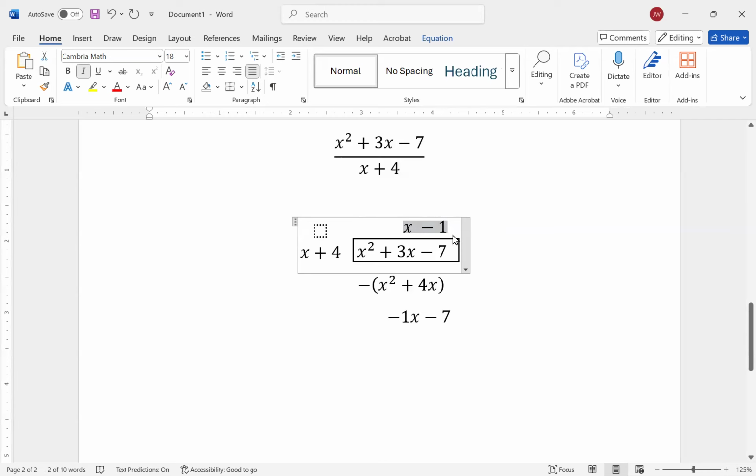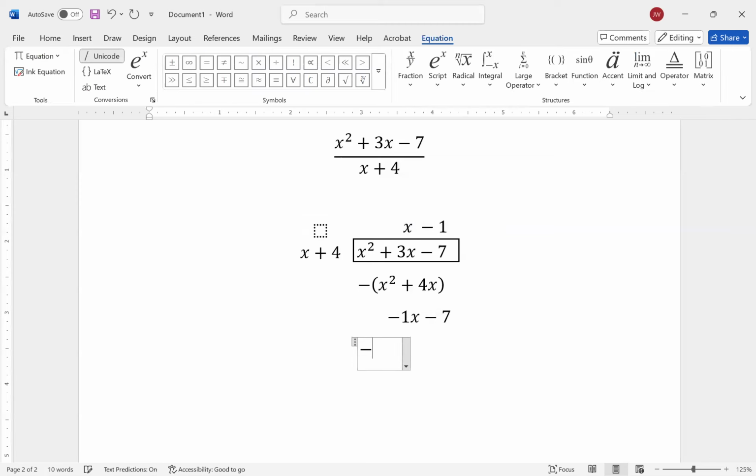When I multiply the minus 1 times x, I get minus 1x. And then when I multiply the minus 1 times the 4, I get minus 4. Remember, I'm going to write that right underneath, and then I'm going to subtract.